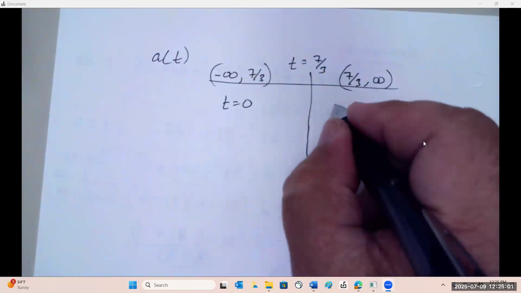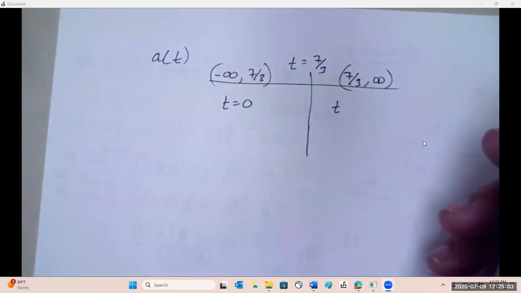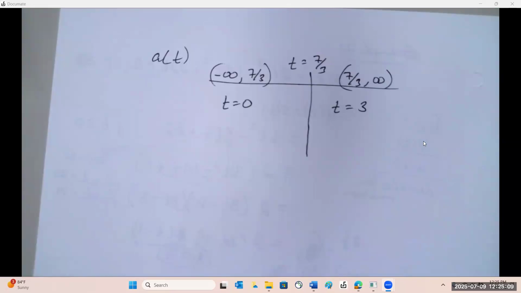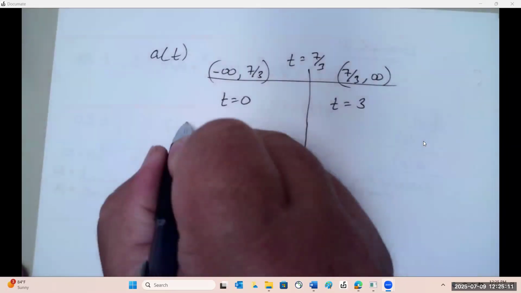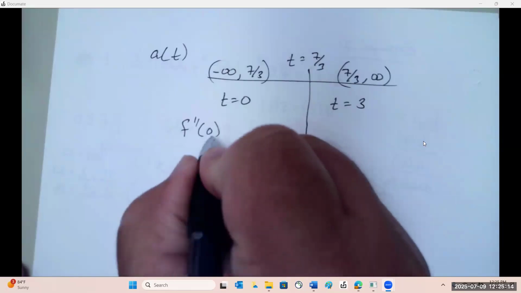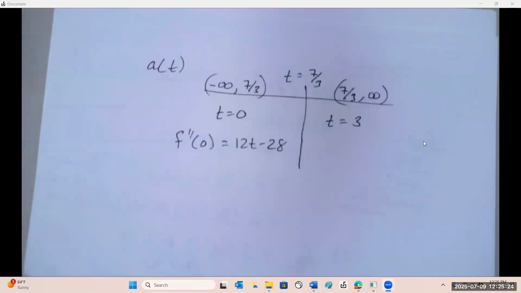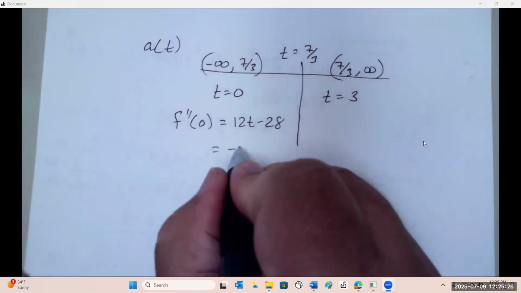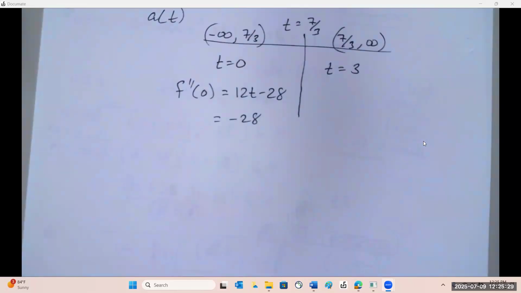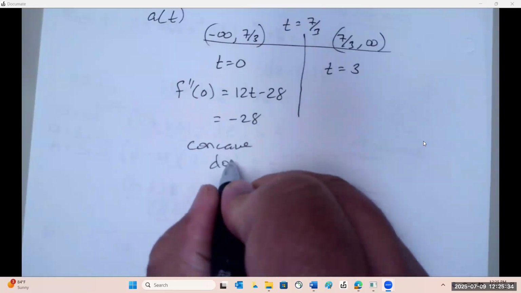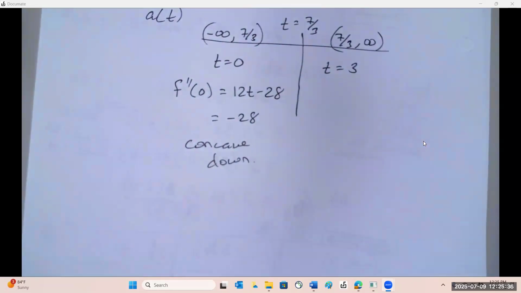I'll use 0 there. 7/3 is 2 1/3, so I'll use 3. The equation was 12t minus 28. So at 0, it's negative 28. Since it's negative, it's concave down.